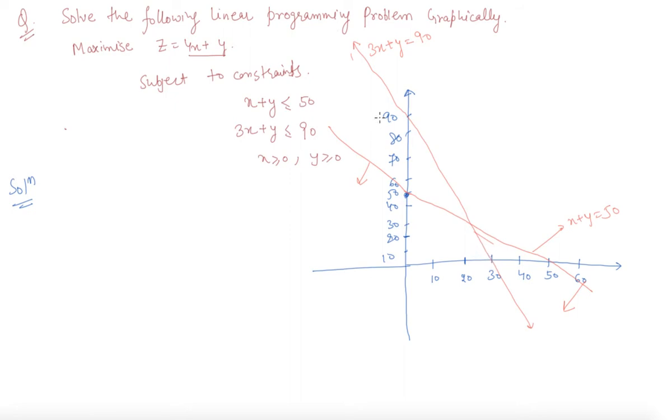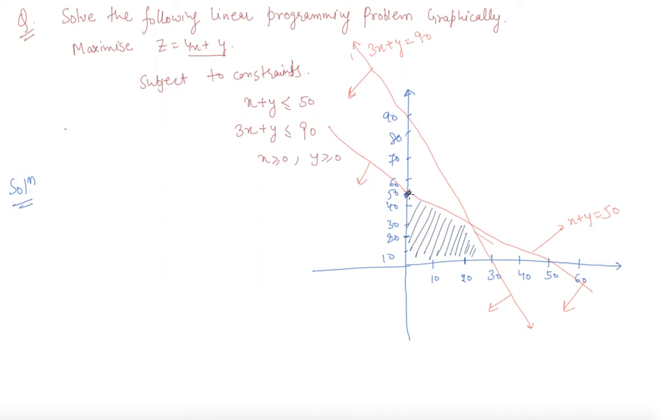And 3x plus y less than or equal to 90 shows this region. And x greater than 0 and y greater than 0. The common region is this region, because our solution should be below this line and below this line.